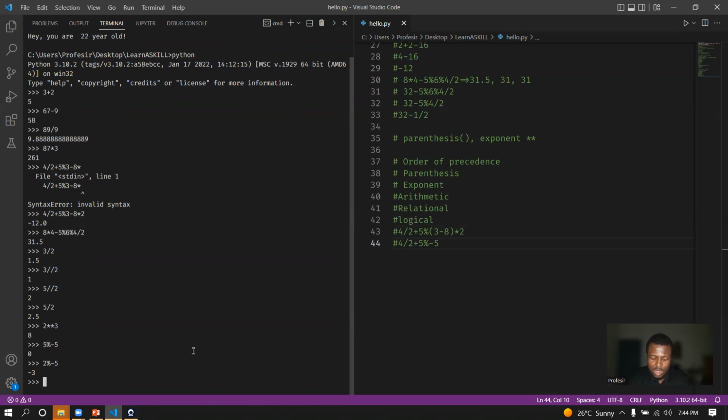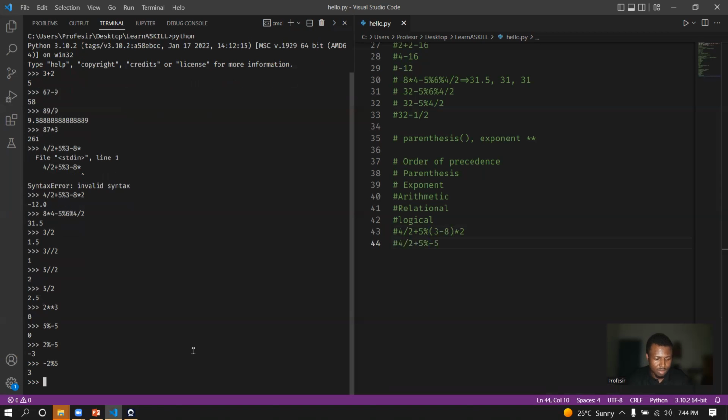That's interesting. Okay, so what if it is the negative 2 that rather has that? Yep, positive 3. Now, this is interesting. Okay, so modulo means divide and give me the remainder, right?